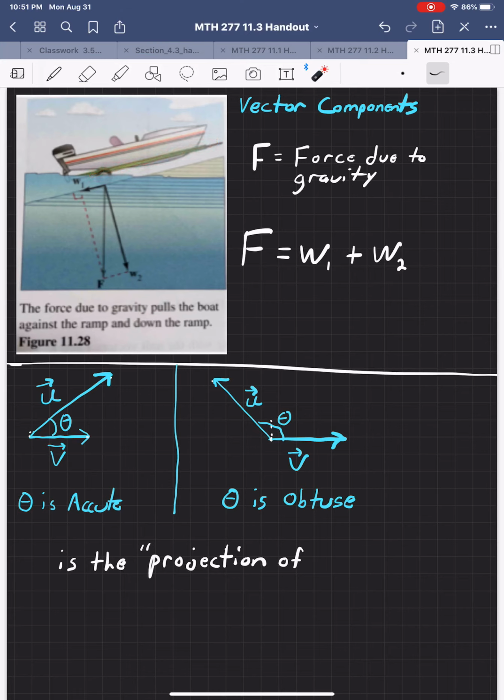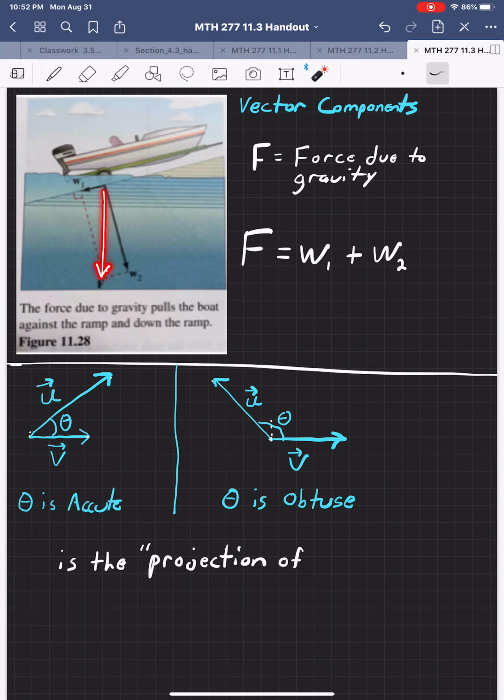In the previous sections, we would have two vectors, and we would be asking questions like, what is the sum of those two vectors? What is the resultant of those two vectors? Only now you can think of it as, what if we just have the resultant?